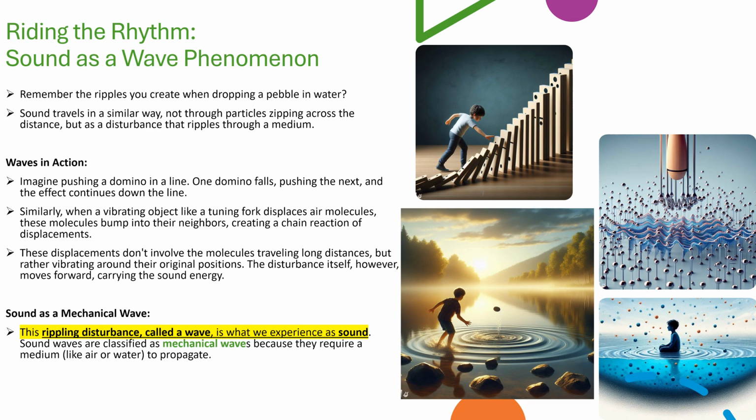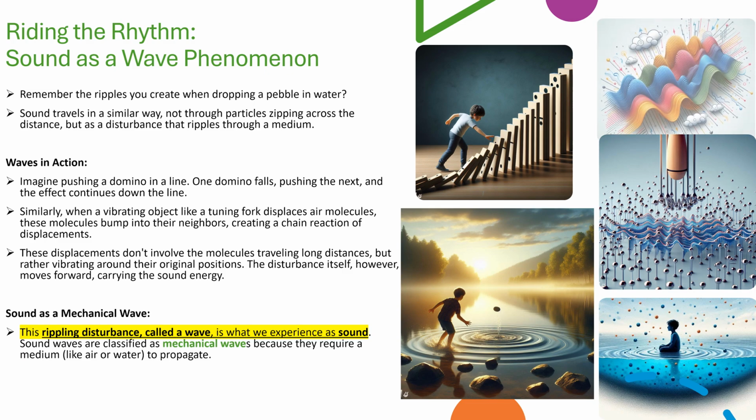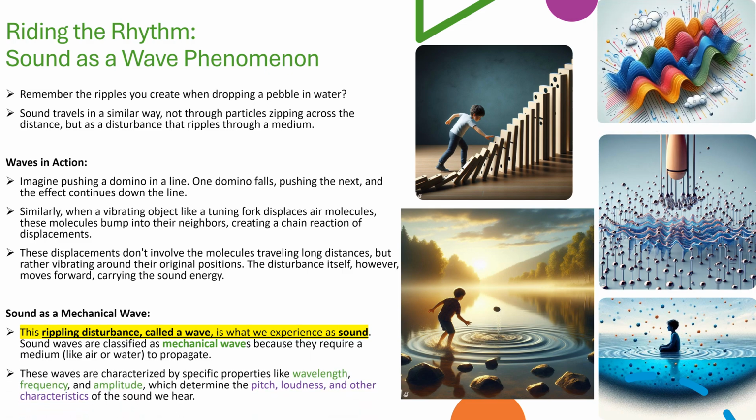Air can be a medium, water can be a medium, and many solid objects can be a medium. These waves are characterized by specific properties like wavelength, frequency, and amplitude, which determine the pitch, loudness, and other characteristics of the sound we hear.